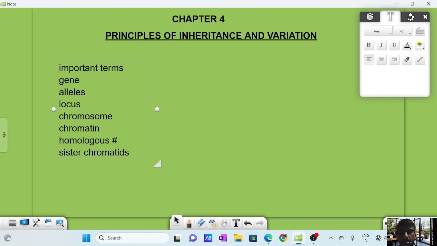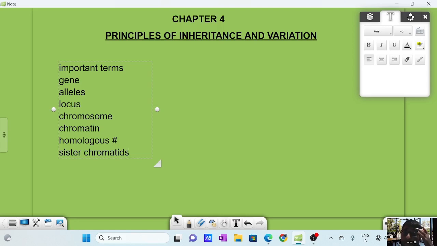In the next chapter, the molecular basis of inheritance and variation, we will study how things are inherited, and how there is some variation in the inherited thing. The third chapter will be evolution.